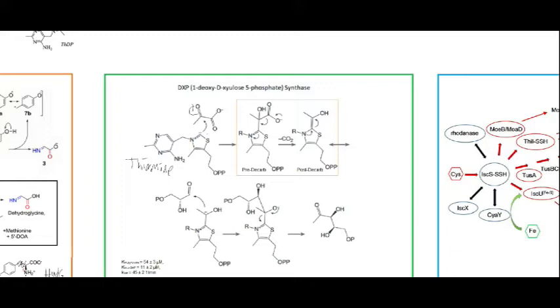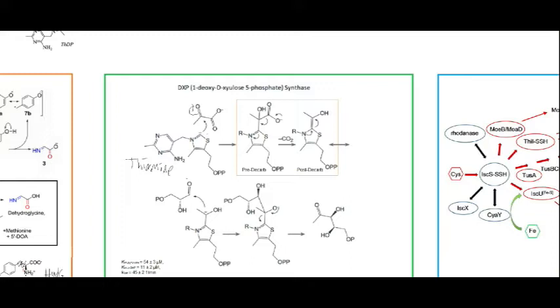But then this glyceraldehyde 3-phosphate, so it's glyceraldehyde, which is all this here, then has a phosphate on the third carbon. So glyceraldehyde 3-phosphate comes in. This negative charge here on our intermediate then attacks this aldehyde carbon here.